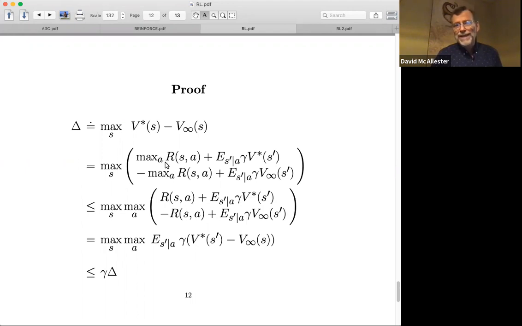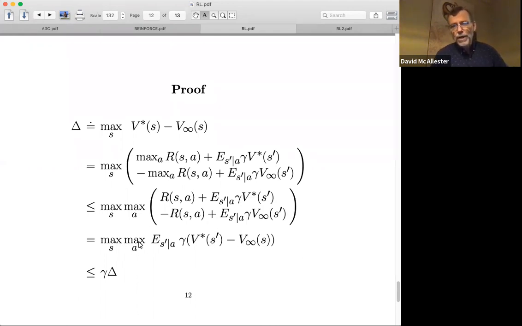So if I just require the actions to be the same, it will go up. So it's less than or equal to this, right? Which is the max over A of using the same action in both places. And if I use the same action in both places, then this expression turns into these expressions in terms of the value function.